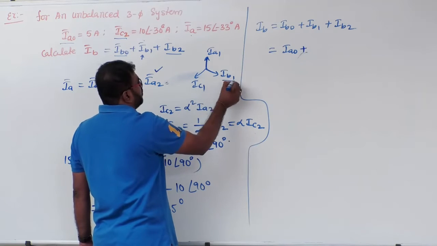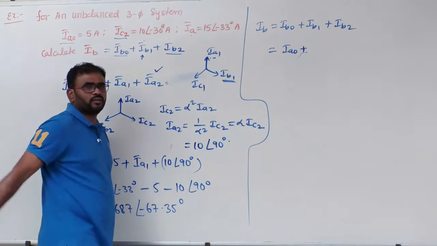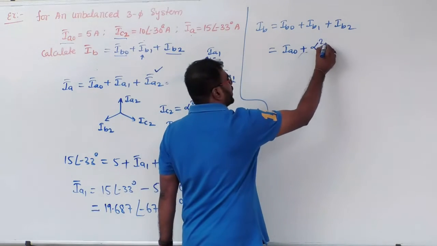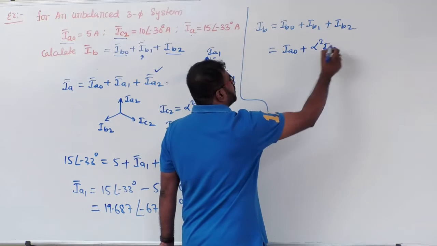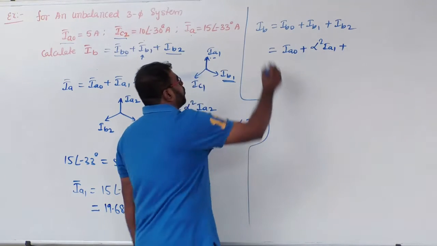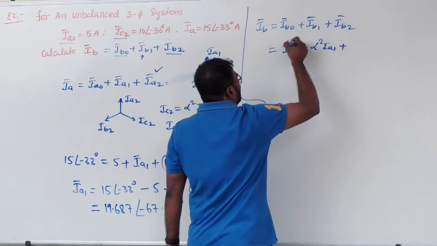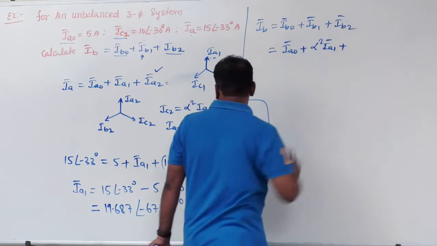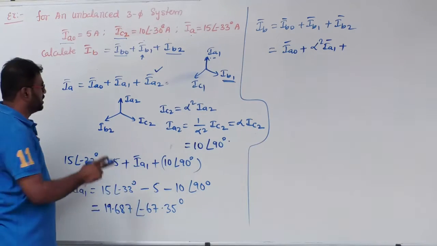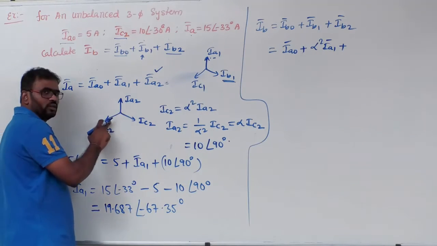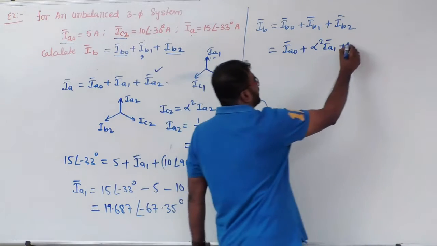IB1 is alpha square times IA1. Plus, what about IB2? IB2 leads IA2 by 120 degrees, that means alpha times IA2.